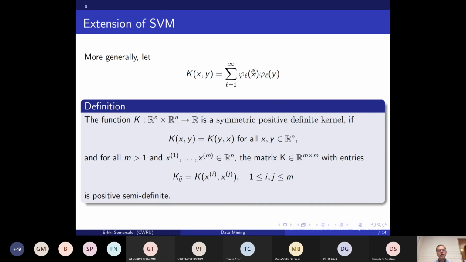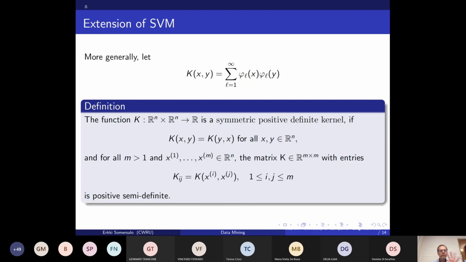So using an infinite amount of feature vectors, I can always define a kernel, and that kernel is symmetric positive definite. And what does positive definite mean? Here is the definition, and we just check that using this definition, I certainly get a symmetric positive definite kernel. So far so good.